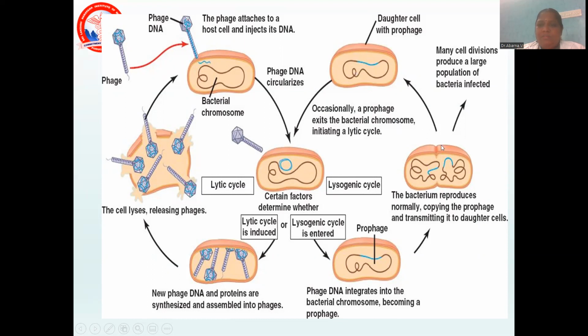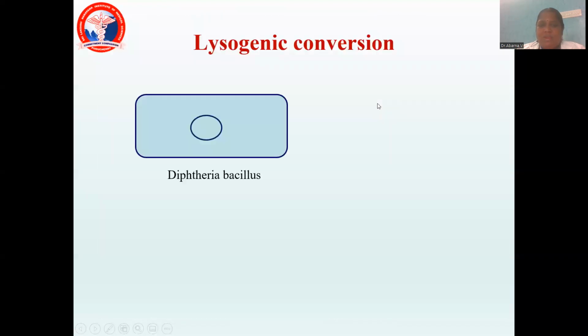So when this mother cell is replicating, the property of the viral DNA is here only. So the whole cycle is repeated. So this bacteria is acquiring the property of the bacteriophages. Sometimes these phages may acquire this DNA from other bacteria also. So this is known as lysogenic conversion.